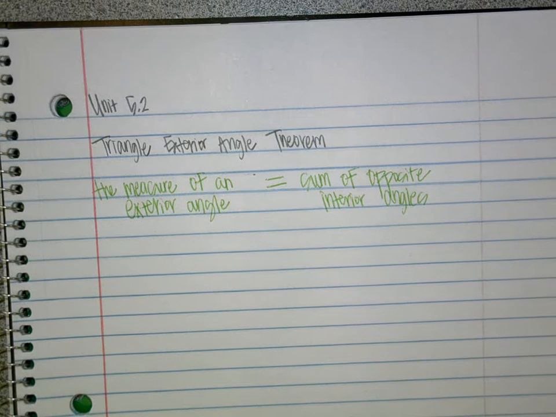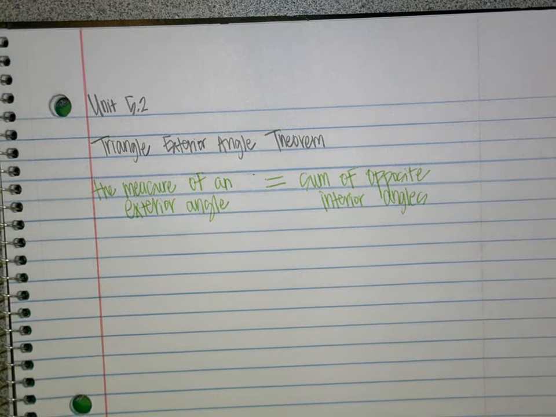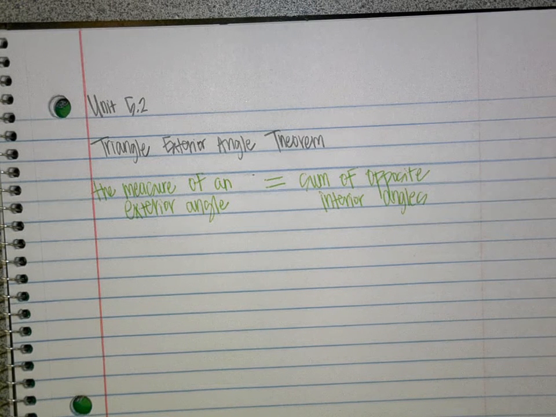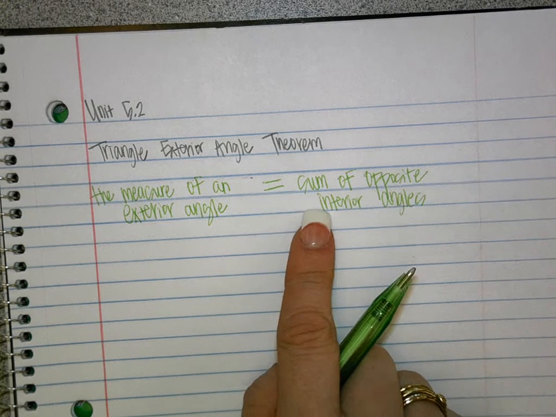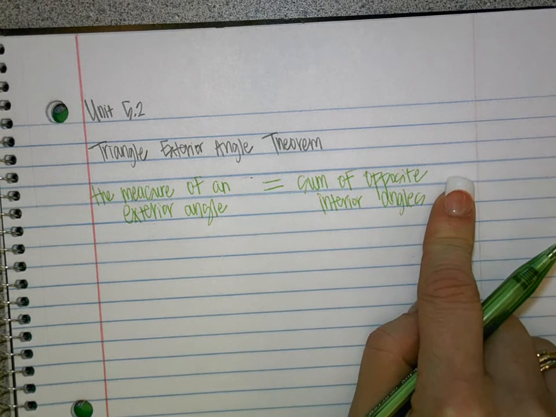So let's write that down, and then we'll break this down and make it make more sense. So the measure of an exterior angle is equal to the sum of the opposite interior angles.